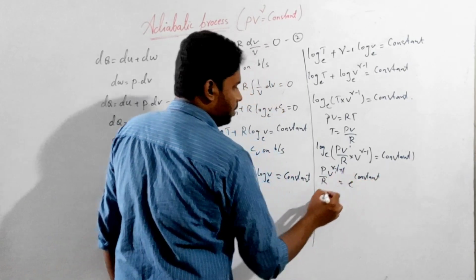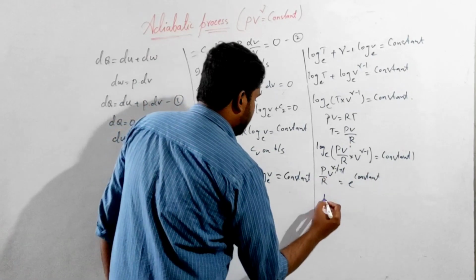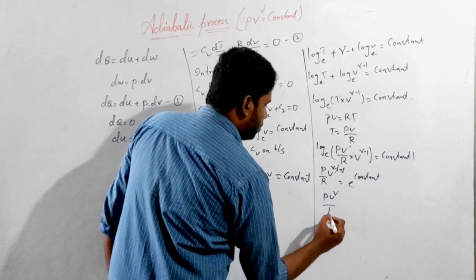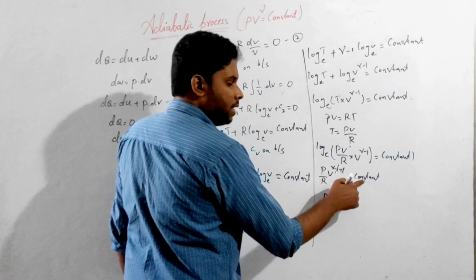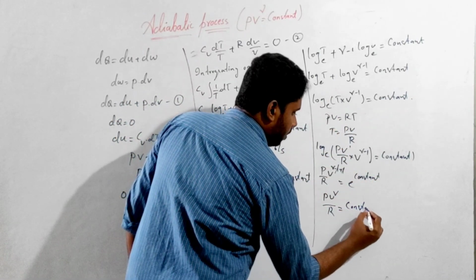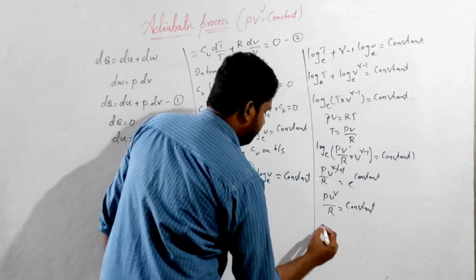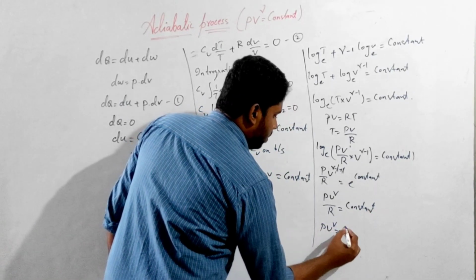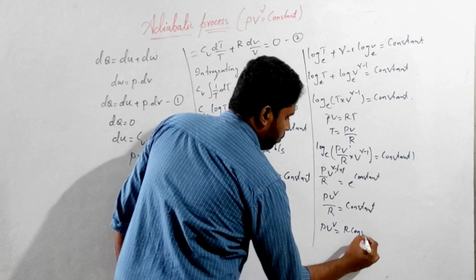So PV power gamma divided by R equals e raised to constant, which is also a constant value. If I take R to that side, PV power gamma is equal to R into constant.